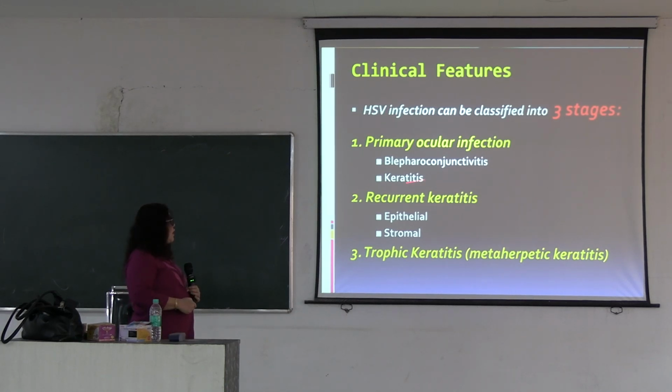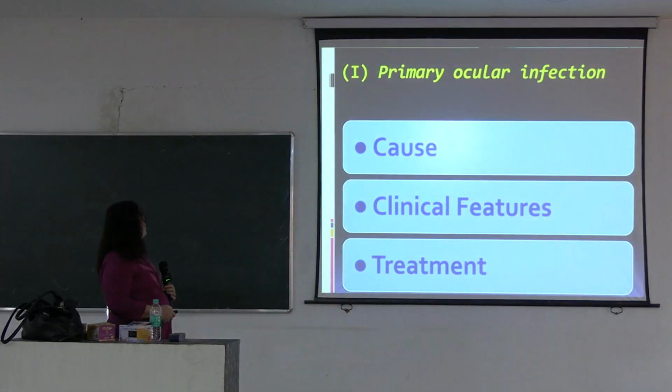Keratitis means inflammation of the cornea, and recurrent keratitis, if it involves the epithelial layer, is epithelial keratitis, and if it involves the deeper layer, that is called stromal keratitis. And in trophic keratitis, exudates are present and deeper layers are also involved.